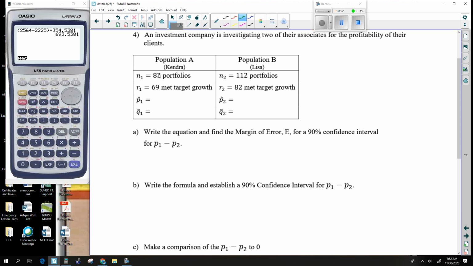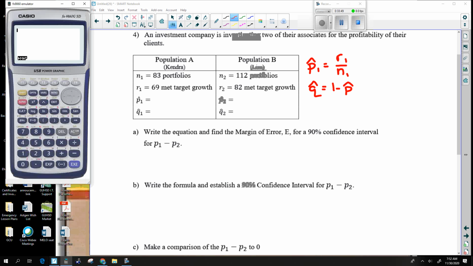This first one is a confidence interval. All right, so the first thing that we need to get out of this is the p hats and the q hats. So for instance, p hat 1 again is r1 divided by n1, and then q hat is 1 minus p hat. So let's go ahead and get that for the 1s and the 2s here.